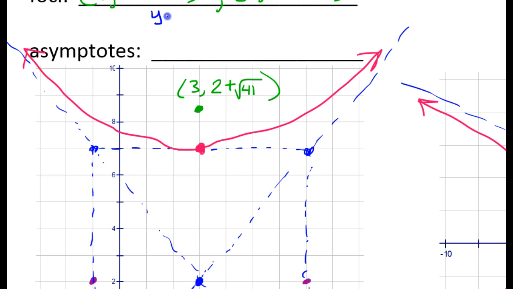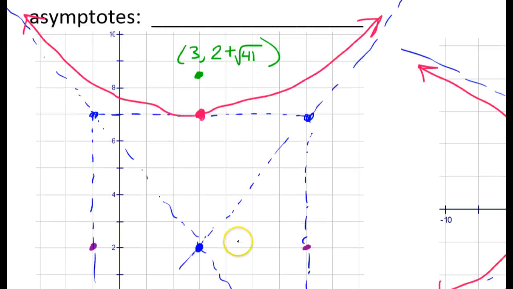Anyway, you can always go y minus k is equal to plus or minus m times x minus h. All right? This is just point slope form because you can put in a point for h and k, and m is the slope. I'm using h and k because those are the coordinates of the center. So just make sure you use the coordinates of the center.